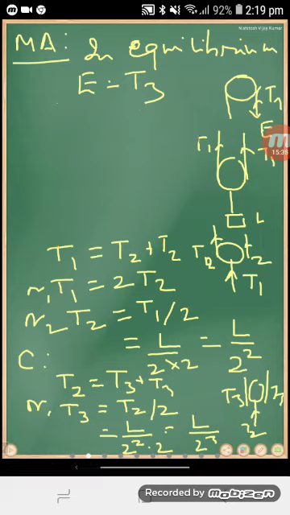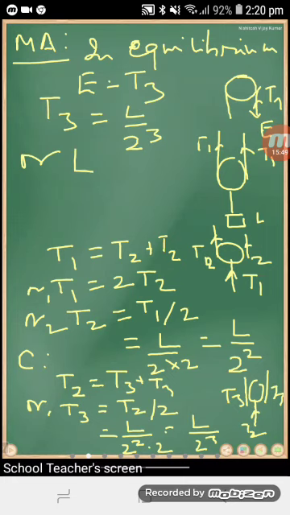So what we have finally is T3 is equal to L upon 2 to the power 3, or we can say that L is equal to 2 to the power 3 into T3.